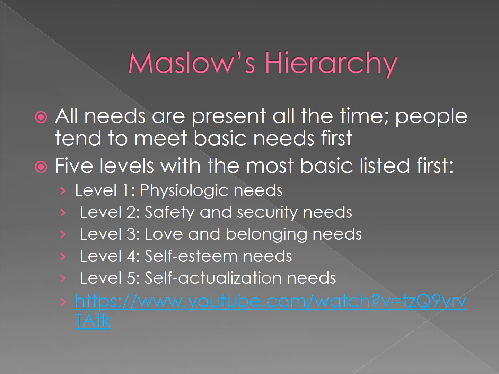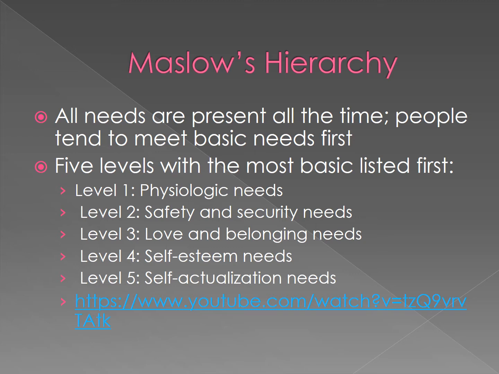Level 2 would be safety and security needs. And that's feeling safe within our environment. Level 3, love and belonging. We want to feel like we are loved, that we belong to a family, a church group, an organization that we feel strongly about, some group in our community.